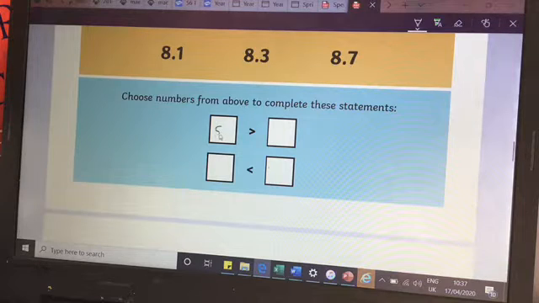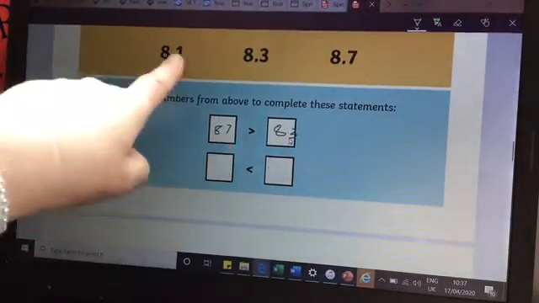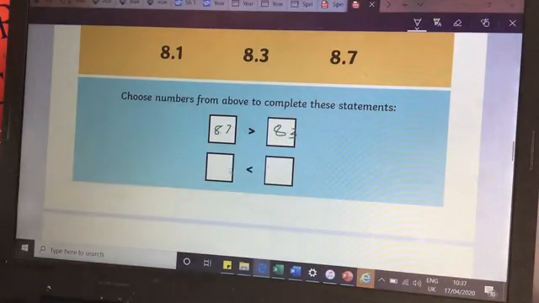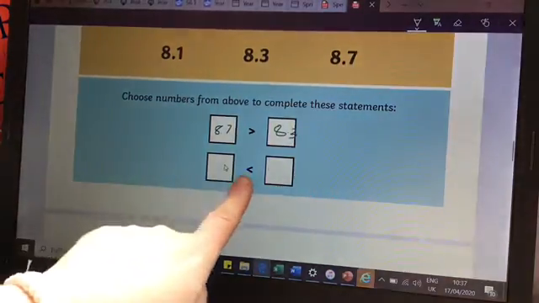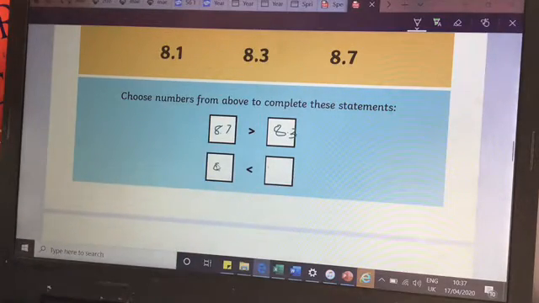Okay, so one I could have said is 8.7 is greater than 8.3. I could have put 8.1 in this box because 8.7 is also greater than 8.1, isn't it? It's the largest number there. And in terms of the smaller number, the number that's less than this number here, I might have put 8.1.